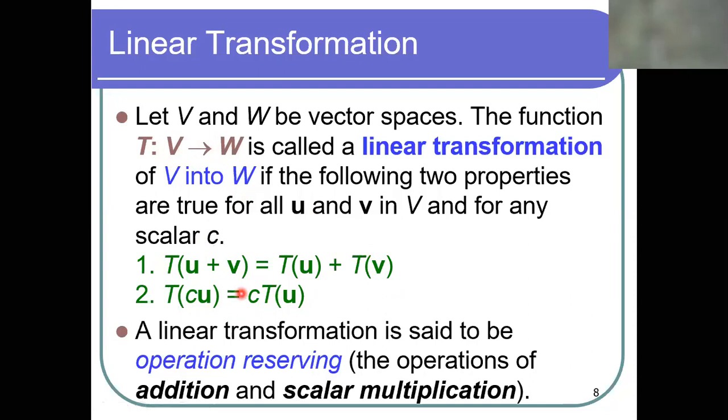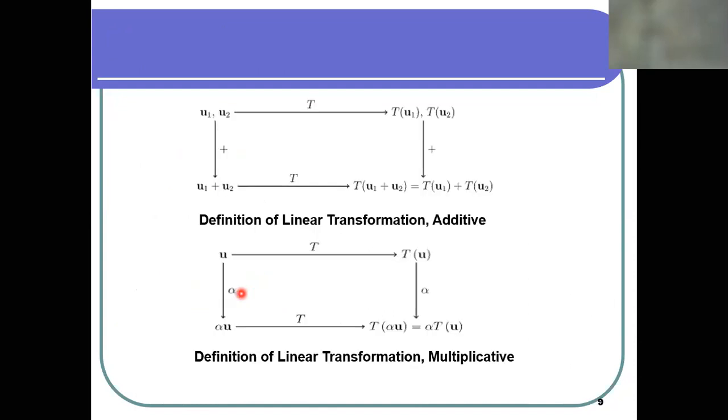Keep one thing in your mind: a linear transformation preserves the origin. It has some properties like shearing, rotation, scaling. But always keep one thing in your mind: under linear transformation, zero remains at zero, and lines remain lines. So let us elaborate the concept of linear transformation with the help of this diagram.